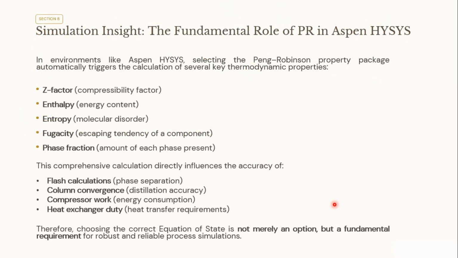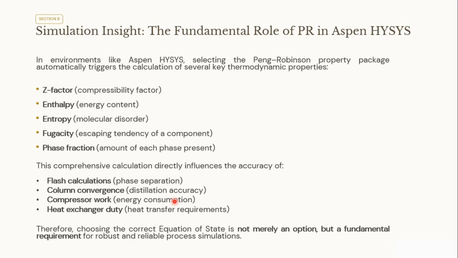Going to the last slide of today's lecture, in environments like Aspen HYSYS and Aspen Plus, selecting the Peng-Robinson property package automatically triggers the calculation of several thermodynamic properties such as Z factor, which is the compressibility factor, enthalpy, entropy, fugacity, and phase fraction. This comprehensive calculation directly influences the accuracy of flash calculations, column convergence, compressor duties, and heat exchanger duties.